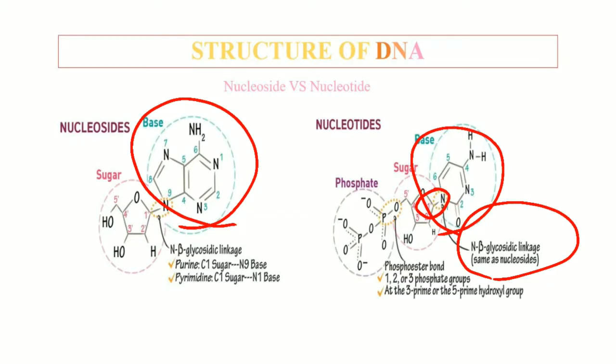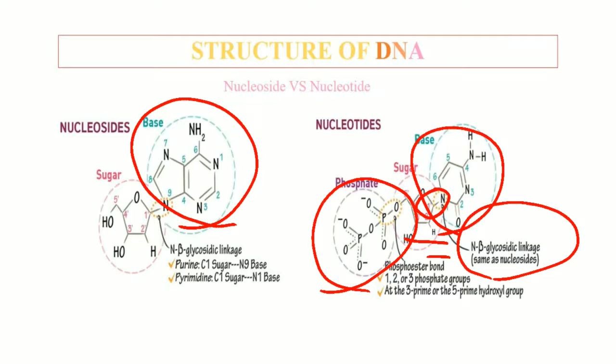So a nucleotide also contains a pentose sugar that has already been discussed, that is deoxyribose, and a phosphate group. This is a phosphate group, and the phosphate group is basically attached to the 5' carbon of the deoxyribose sugar via the phosphate bond.